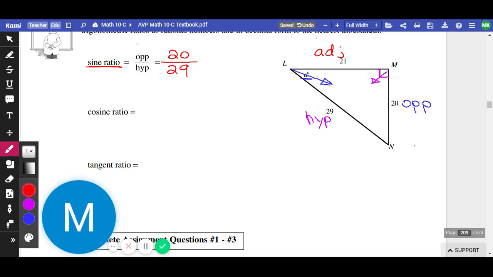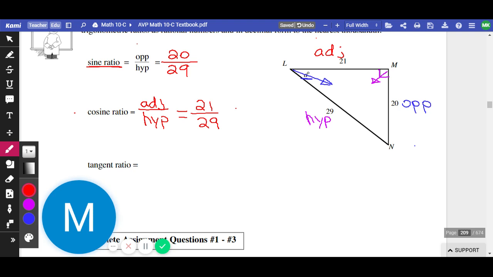My cosine ratio, according to my formula, is adjacent divided by hypotenuse. Looking at that triangle, my adjacent side is 21. My hypotenuse side is 29. So my cosine ratio would be 21 divided by 29.